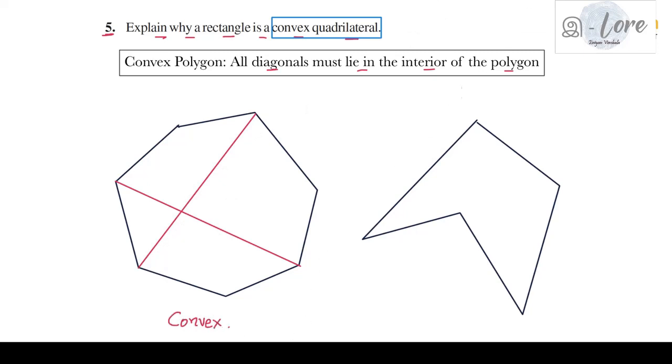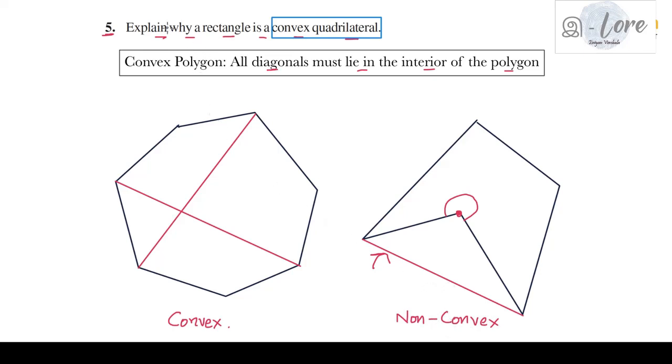But if you look at the polygon on the right, and if you join this vertex to this vertex here, then you can see that this diagonal lies outside the polygon. And this is happening because the angle at this vertex is a reflex angle, and hence this diagonal lies outside the polygon. So this is an example of a non-convex polygon, which we sometimes also refer to as a concave polygon.